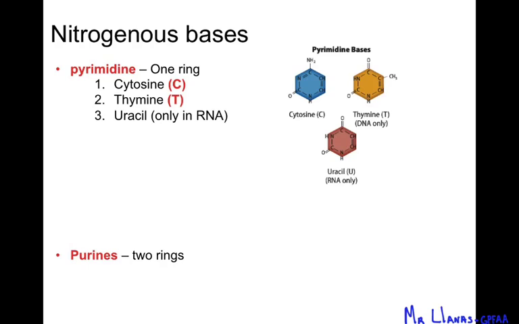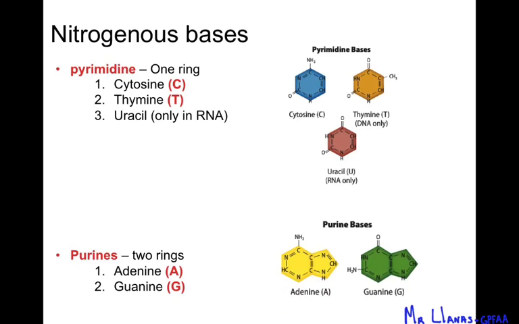Staying with nitrogen bases, pyrimidines are bases that only have one ring, and you can see the picture over here. They have a lot of nitrogen. If you look at the structure, there's a nitrogen, another nitrogen, and so on, and that's why they're called nitrogen bases.